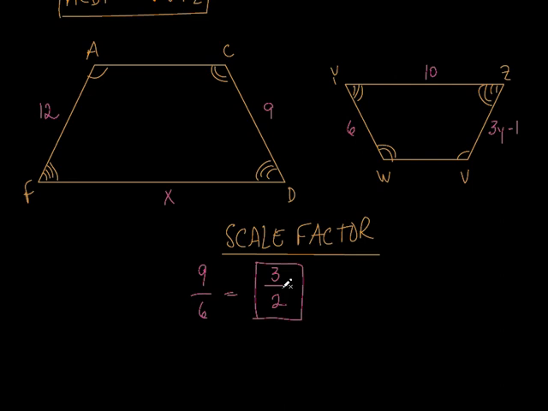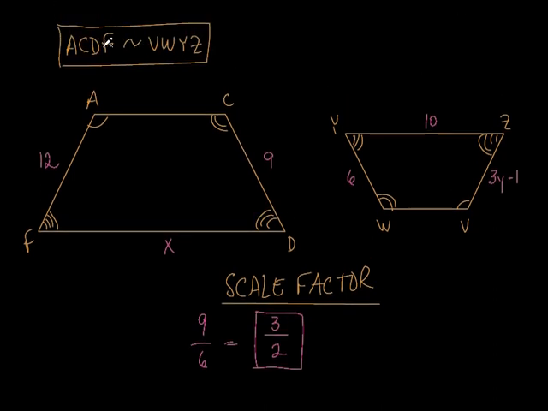Now remember, what's true about similar figures? The corresponding sides are in proportion, which means the ratios all reduce down to 3 over 2. Let's go back to this x. Which one matched up with the x? Well, the 10 did, remember? FD or DF matches up with YZ.